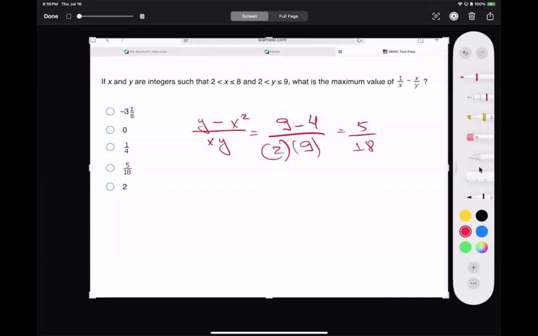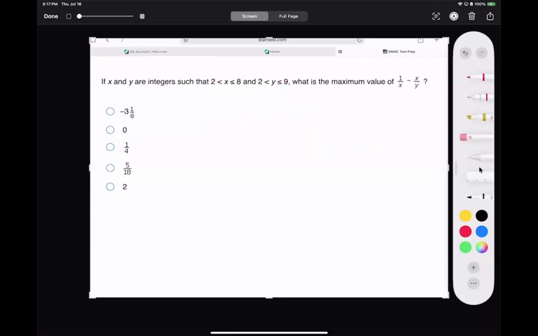And the maximum cannot be 5 over 18 because I cannot use 2, and they are integers. So let's pay attention, okay? And let's do with me, please. Look, x and y are integers. So x is between 3 and 8. Do you guys agree?